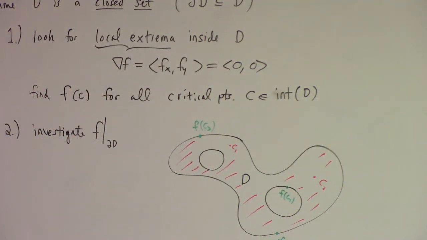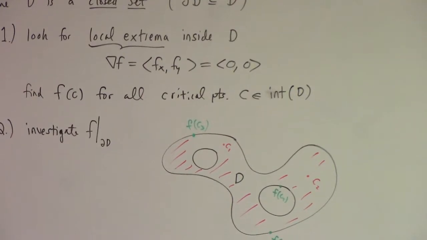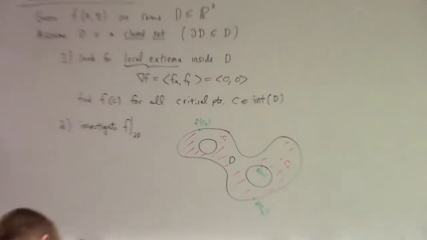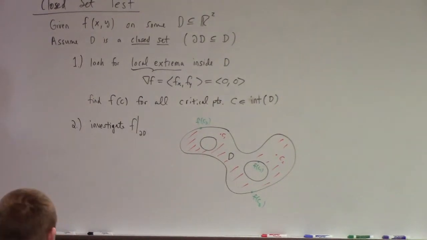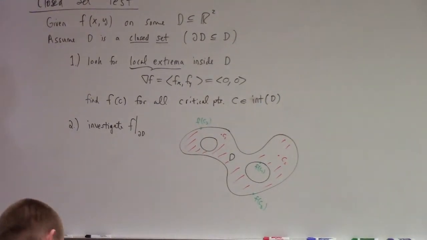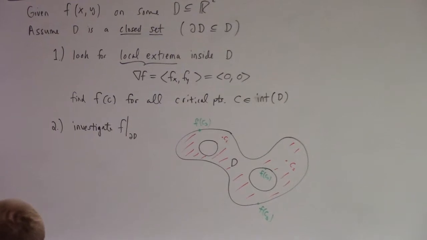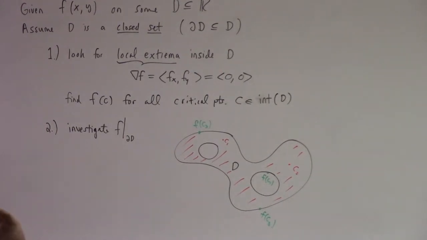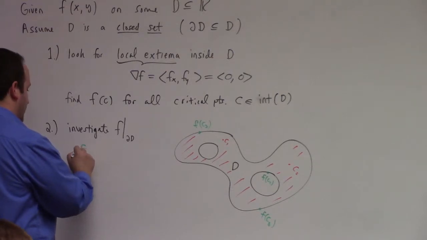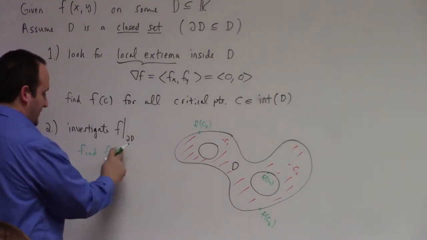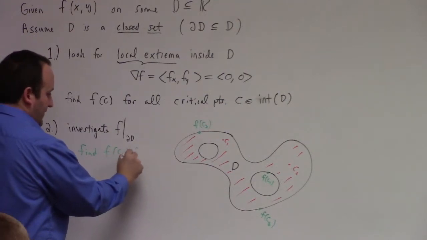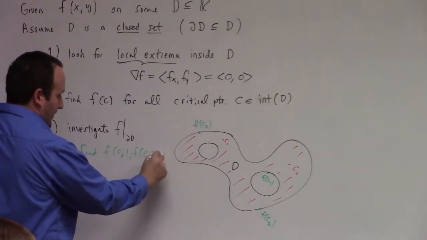What would you use? Use the method of Lagrange multipliers? Or you could just straight up find a parameterization of the boundary curve and look at the function in those terms. And then you find those values, right? f of c, in my picture, f of c3, f of c4, etc., right?